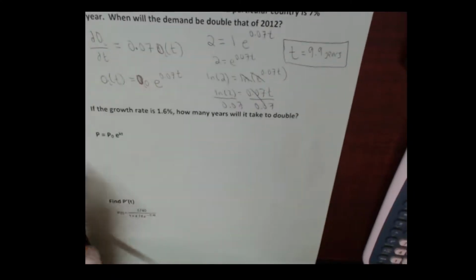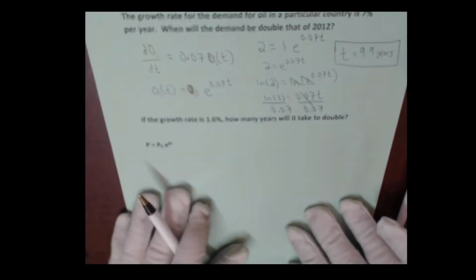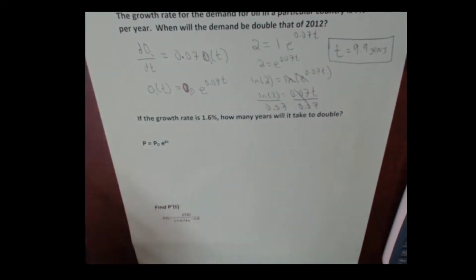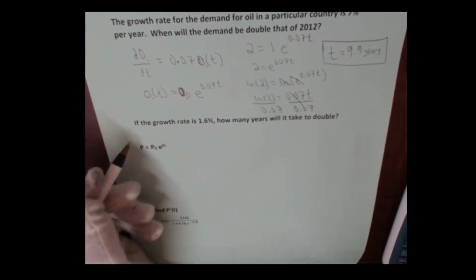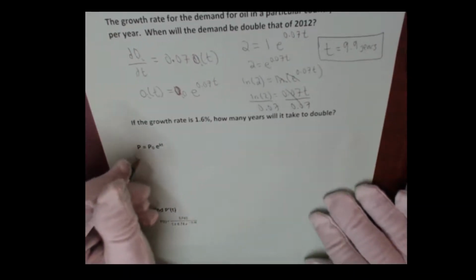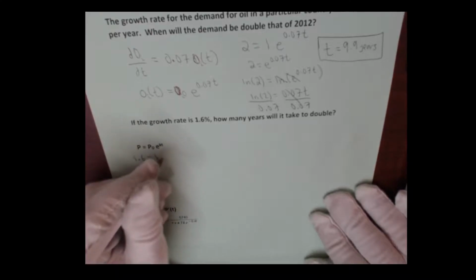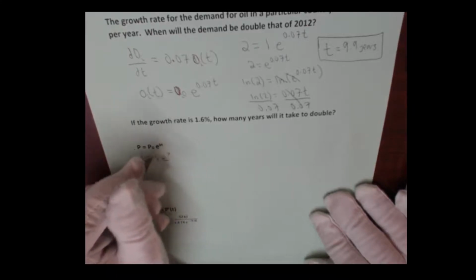All right, let's now examine a second example. Here we've got a different growth rate. If the growth rate is 1.6%, then how many years will it take to double? Same idea.